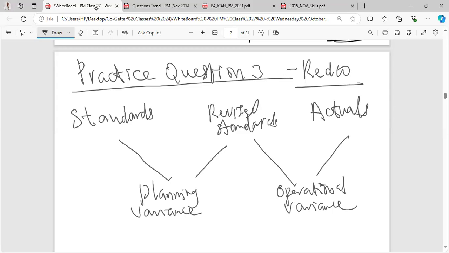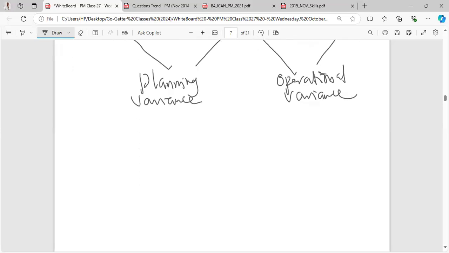So it means we are going to be modifying our formulas in such a way that when we are doing planning variance, wherever we are talking about actual, we replace it with revised standards. Now when we are looking at operational, we replace anything standards with revised standards. So that's how we're going to be looking at it.